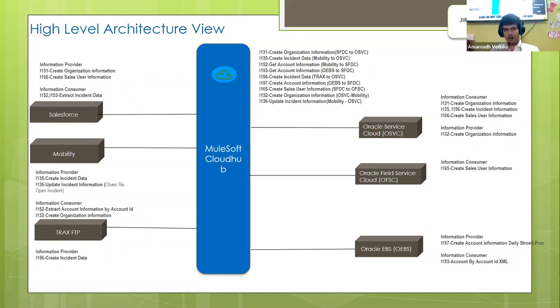So these are the APIs that we are going to develop in a real-time environment. Any questions about this? The moment you see this PPT, you will get some idea. Are you guys able to understand it?